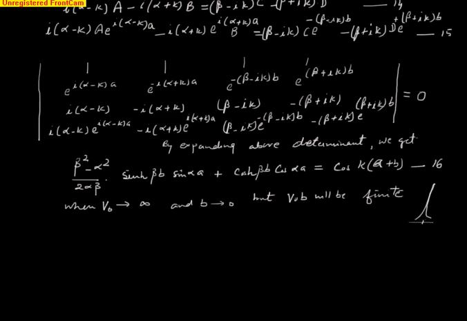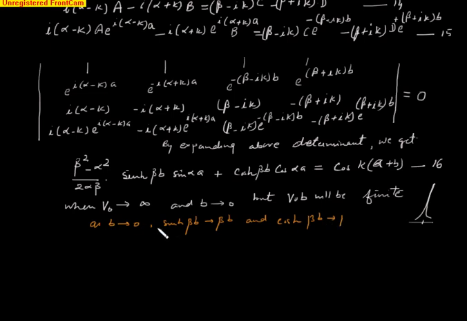And using this condition along with another condition, that as b approaches 0, the sine hyperbolic function which we have taken, sinh beta b, approaches only beta b, and the cosine hyperbolic function, cosh beta b, approaches only the value 1.